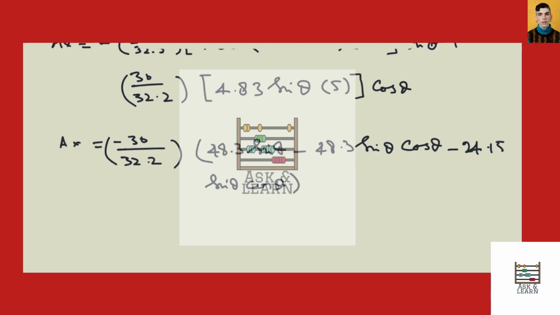This can be written as X is equal to 45.0 sine of theta into 1 minus 1.5 cosine of theta is equal to 0, because in this direction there is no net acceleration.